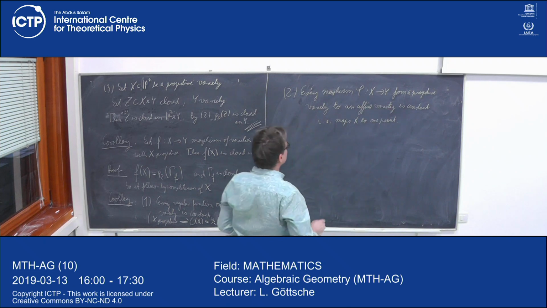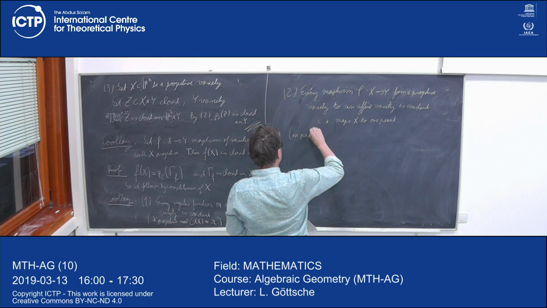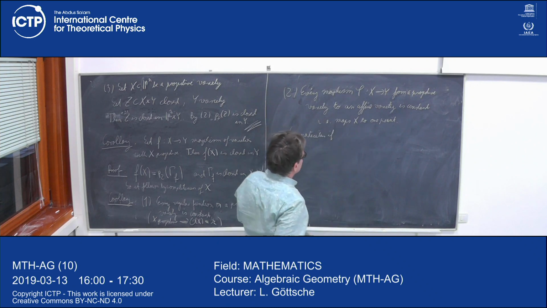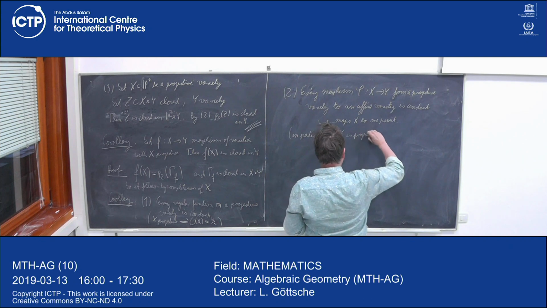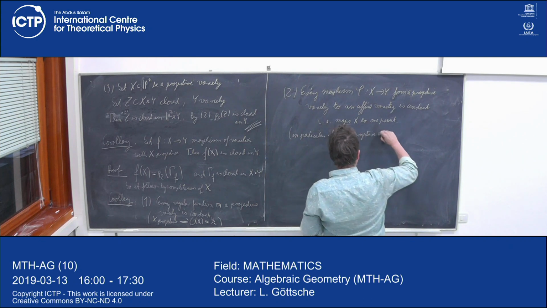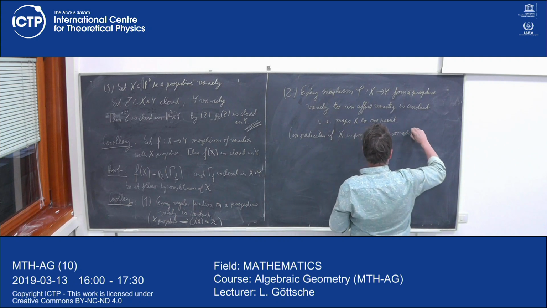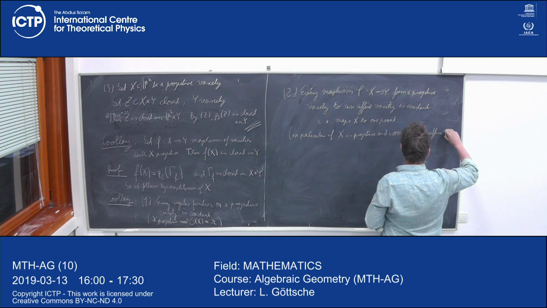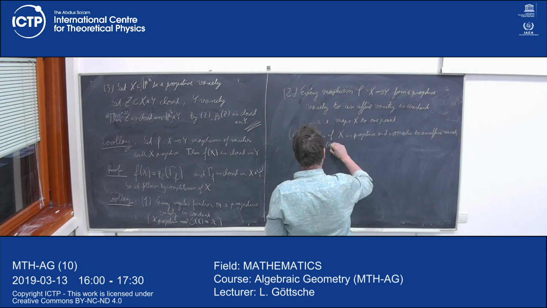And so, in particular, if X is projective and isomorphic to an affine variety, then X is a point.